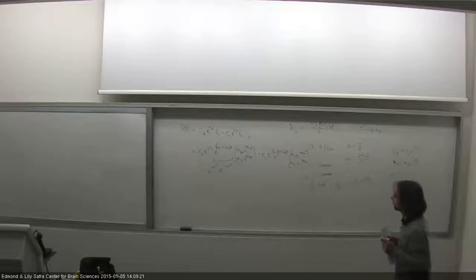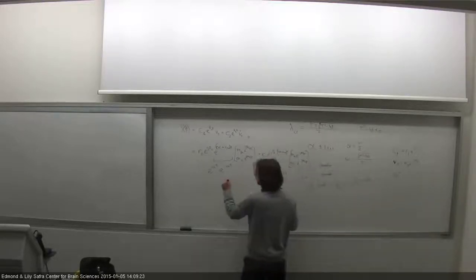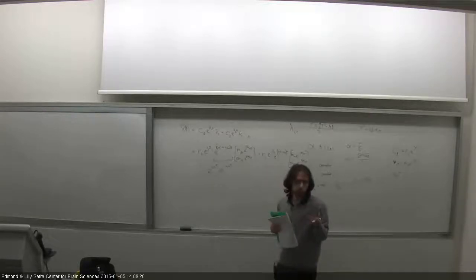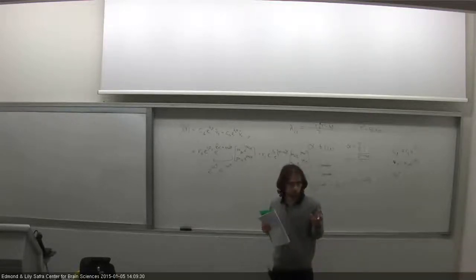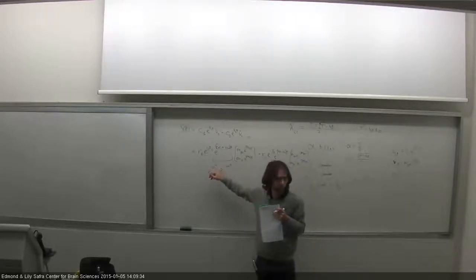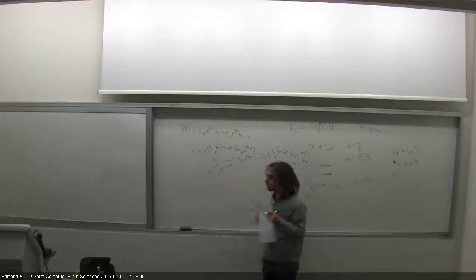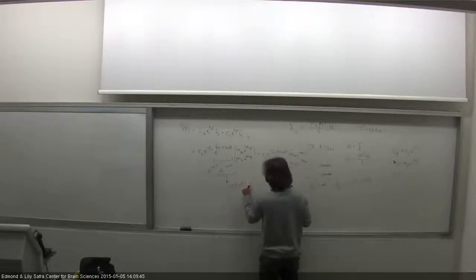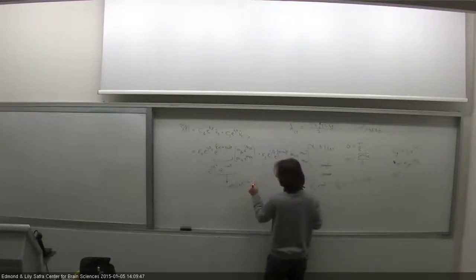So this is a real coefficient that might be growing or decaying with time, right? And this is a complex number, and it's basically the way you write it when you separate its real and imaginary parts.